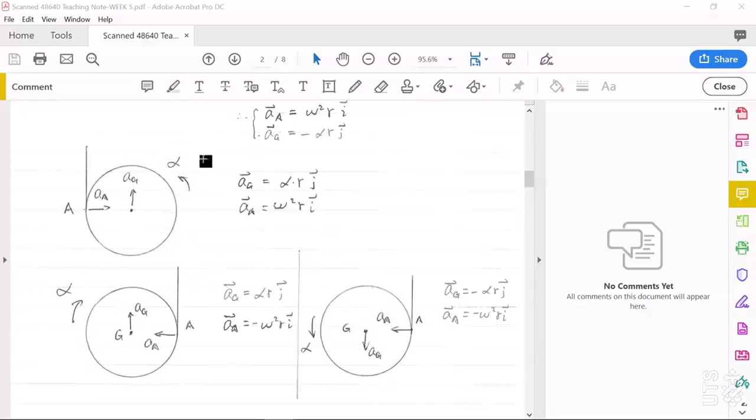And here, alpha counterclockwise, and this one alpha clockwise, and this time A is on the right side of this rolling rigid body, and here alpha counterclockwise.